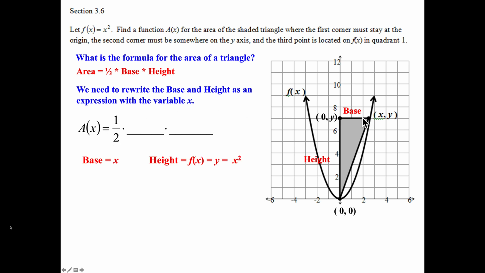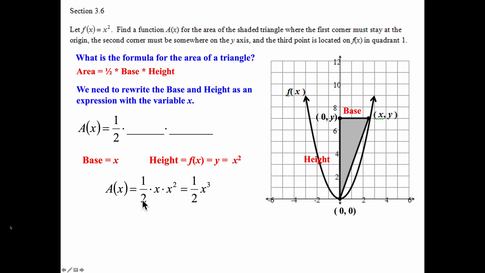So looking at my base from (0, y) to (x, y), that's a distance of x, whatever the x coordinate is. So that's your base. Your height is from 0 up to y, but we can't put y in there. So looking at the equation of our function, f of x equals x squared is the same as saying y equals x squared. We're going to put that in for the height.